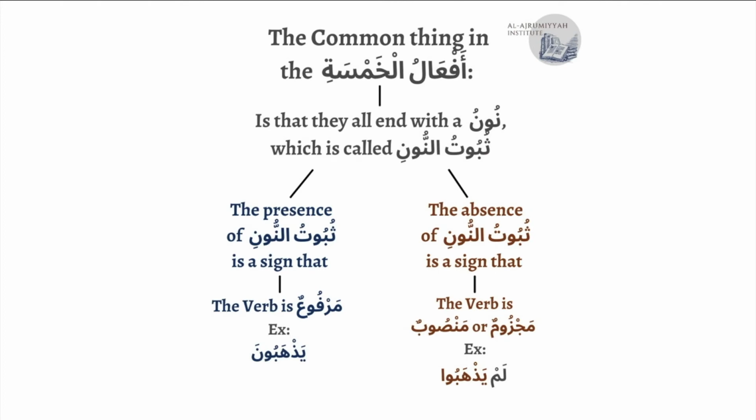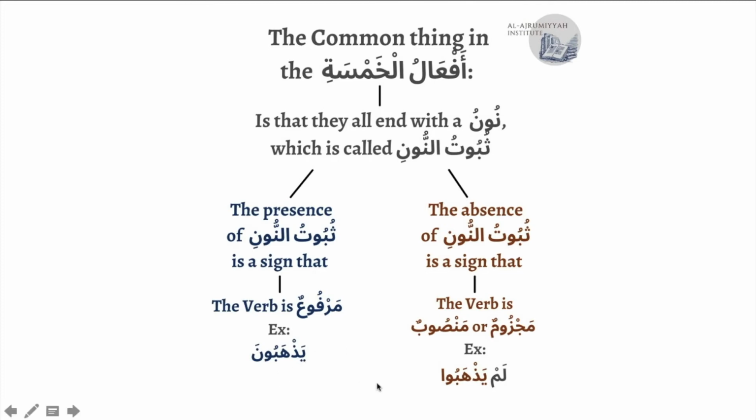And the sign of it not being marfu', i.e. being mansub or majzum, will be the dropping of that noon. Lam yadhhabu. Yadhhabu here is majzum because of lam, and it means they did not go. And it's majzum, and the sign of it being majzum, instead of it being a sukoon, is the dropping of thubut noon.